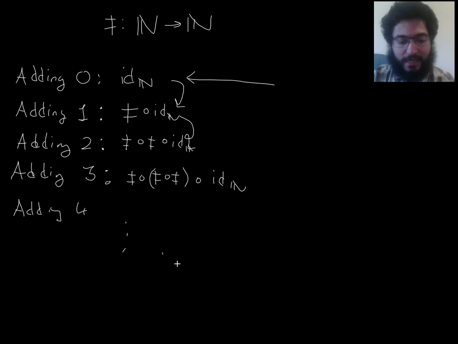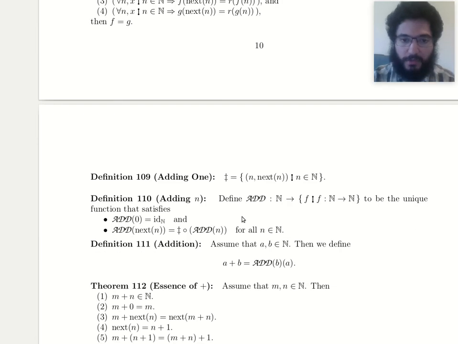And that sequence of functions we will call add with some fancy letters. And next time we will build this up a little bit more carefully and use it to define addition. So we'll define a plus b to be the adding b function applied to the input a. So that's next time.